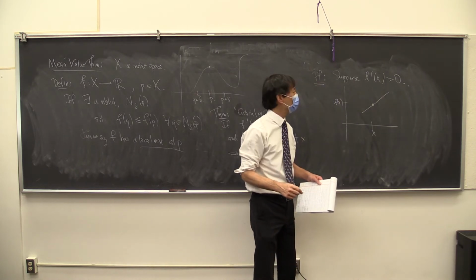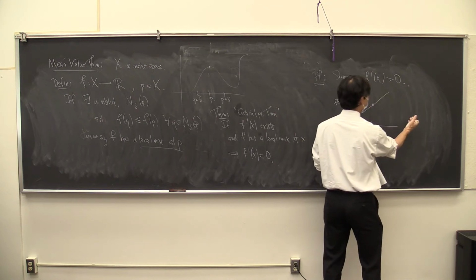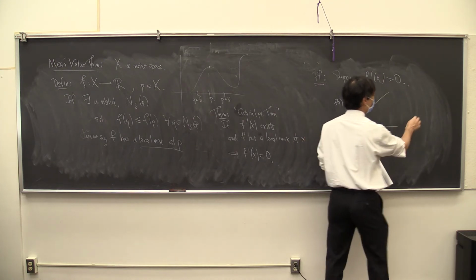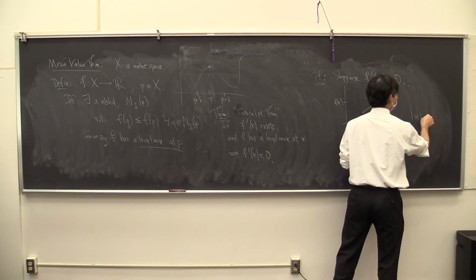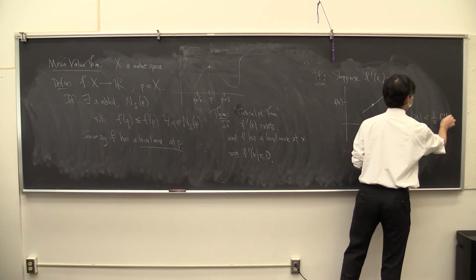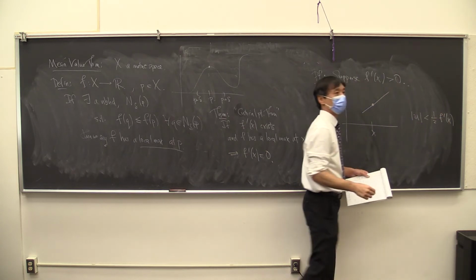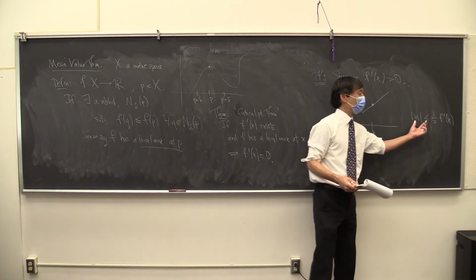And then you could say, well, now let me get close enough that my u is in absolute value smaller than, say, half of that slope.